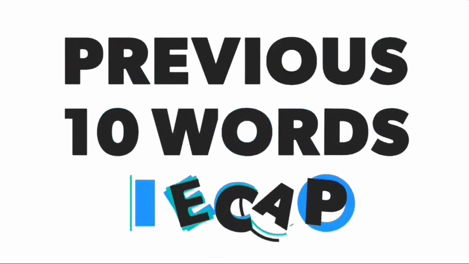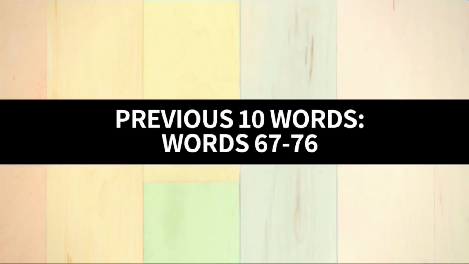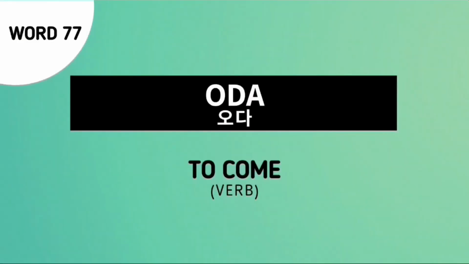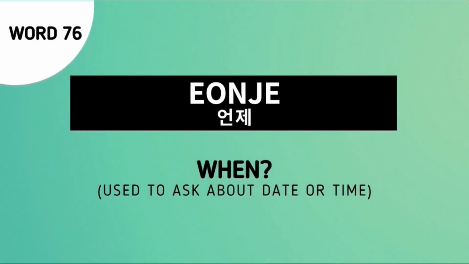Now let's proceed to our previous 10 words recap. As of now, our previous 10 words are words number 67 to 76. But don't forget our word for today, ODA, which means to come. The first word for our review is 언제, and this is used to ask when.